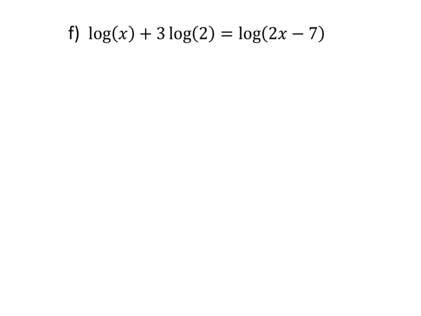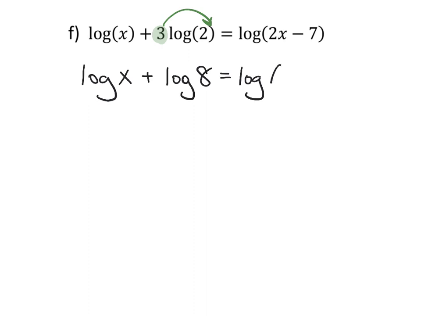On this problem, again, I noticed that there is a number in front of this logarithm, so if I'm going to start condensing them, I have to move that to the top. Again, that's 2 to the 3rd power. Oh, how nice, I gave you the same problem. So this is log of x plus log of 8 equal to log of 2x minus 7.